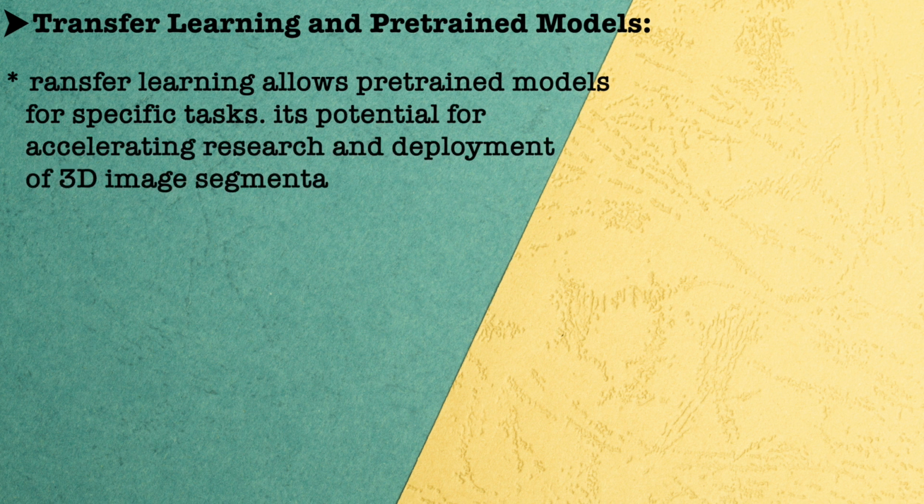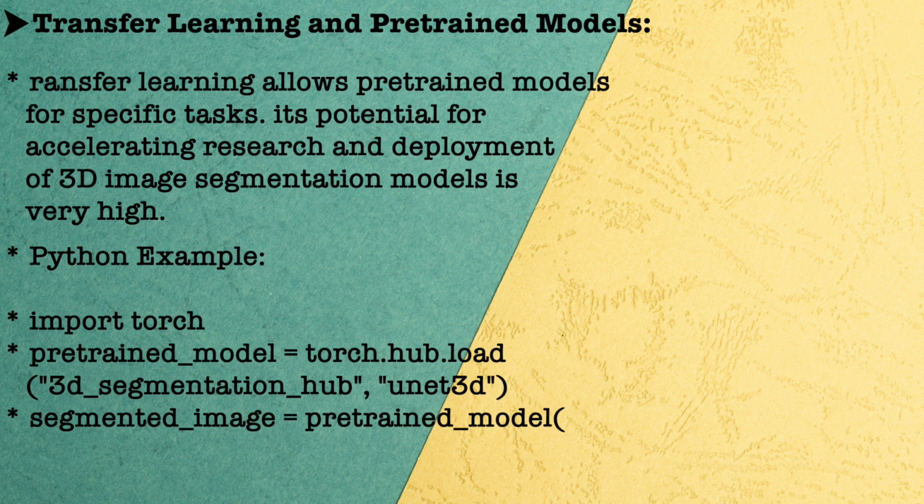Then next is transfer learning and pre-trained models. Nowadays it is very useful for real world datasets. So transfer learning allows pre-trained models to be adapted for specific tasks. Its potential for accelerating research and development of 3D image segmentation models is very high. So this is the Python code for the transfer learning pre-trained model.